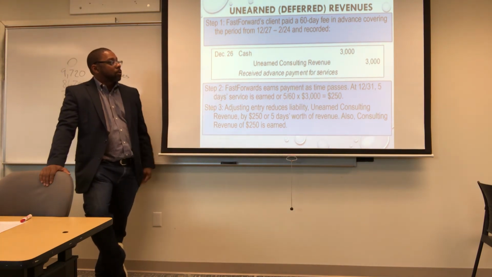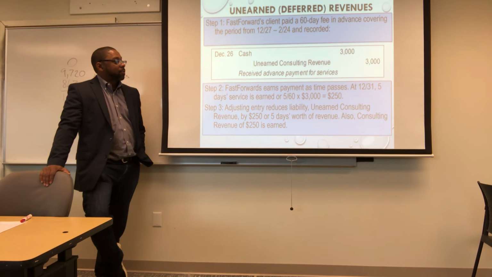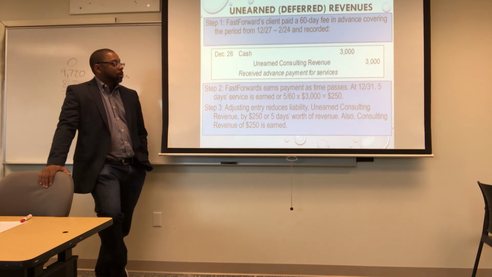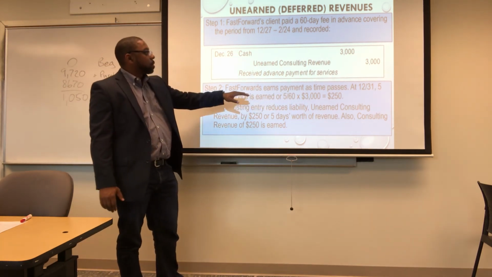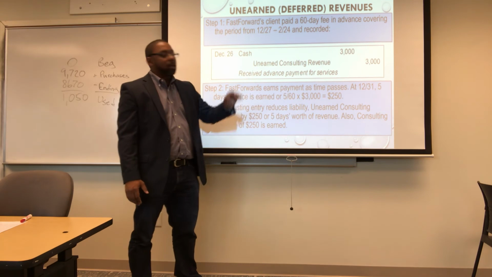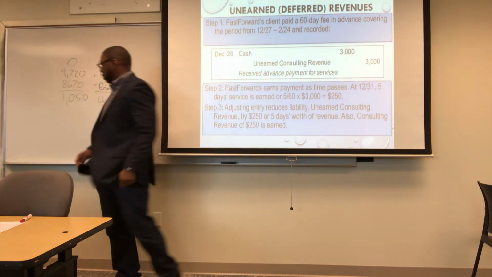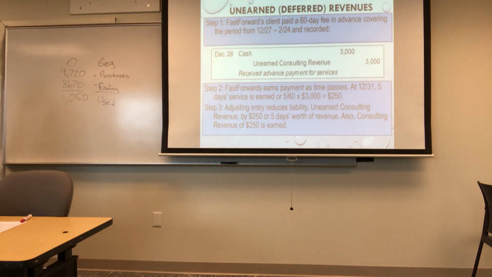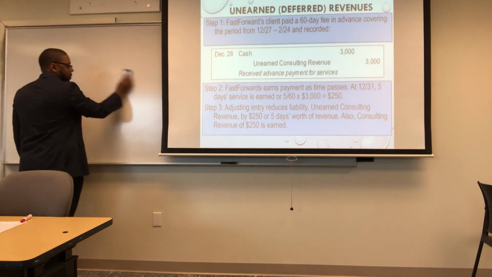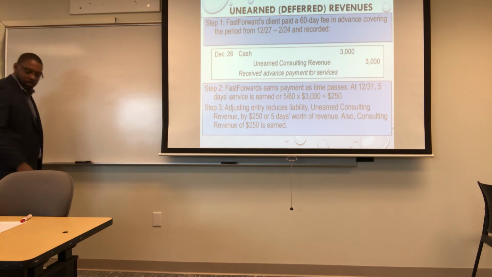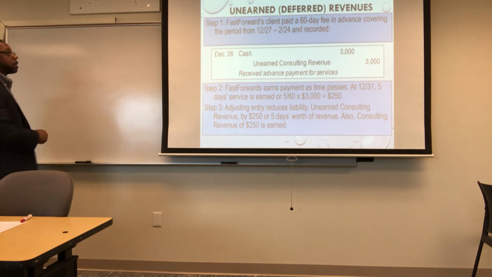Now, fast forward, earns the payment, right? It's past its time. December 31st, 5 days service. So what happens here is on December 31st, 5 days needs to be included. So think of this as a timeline. You have a timeline.